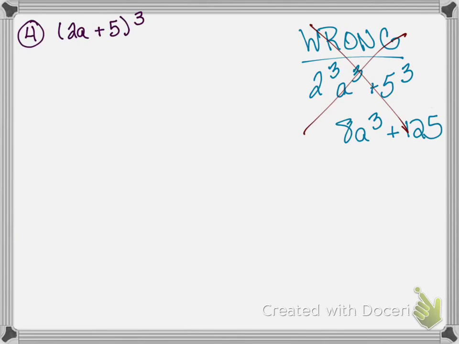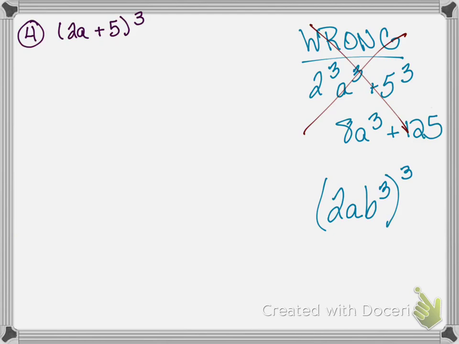The reason that you remember that, the reason that you want to do that is because of our power rule. And if I had 2ab to the third, if I had that all raised to the third power, then I would give that 3 to everything in there.